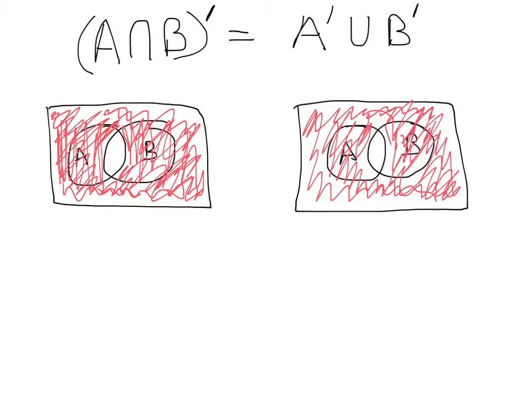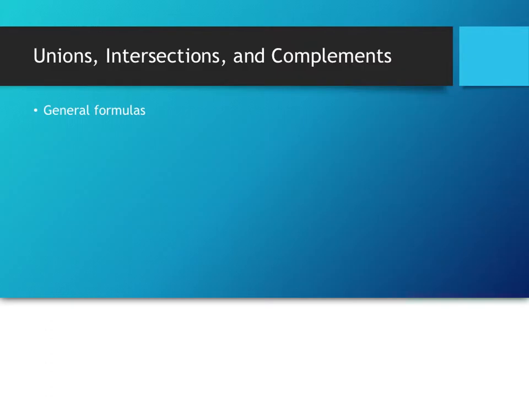It's basically, again, everything except for the intersection. So in both cases, you see that we do get the same shaded area in the Venn diagrams. And again, this is not a funny way that I'm drawing it.